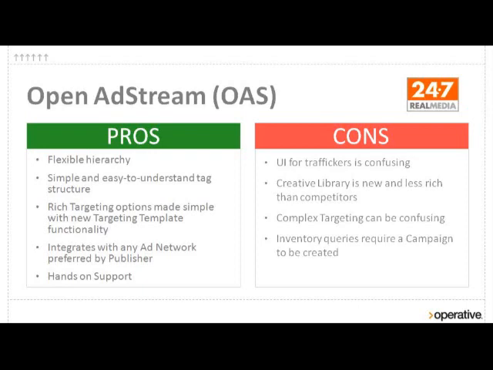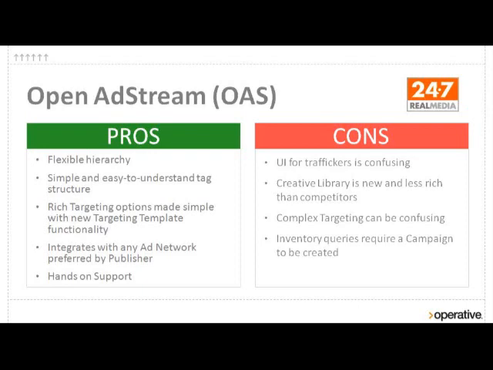As with the other ad servers I've talked about, complex targeting can be confusing. The targeting templates certainly make it easier, but if you haven't spent a lot of time building the targeting templates, or the targeting template functionality hasn't reached the level of maturity that you might need, that complex targeting can be confusing.